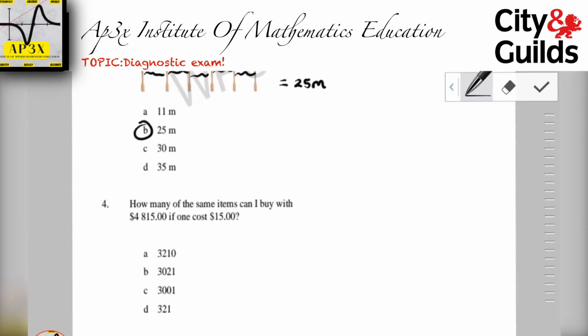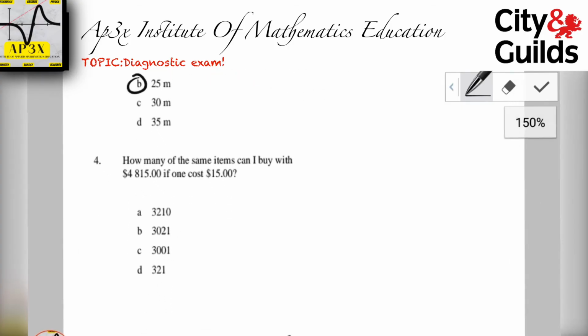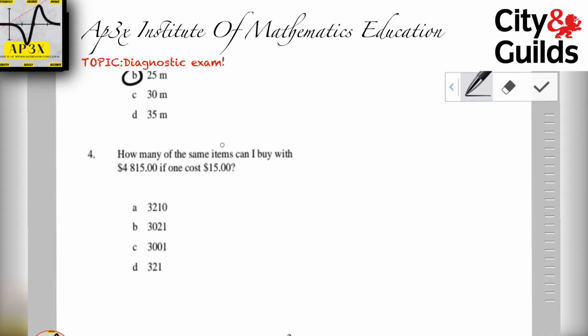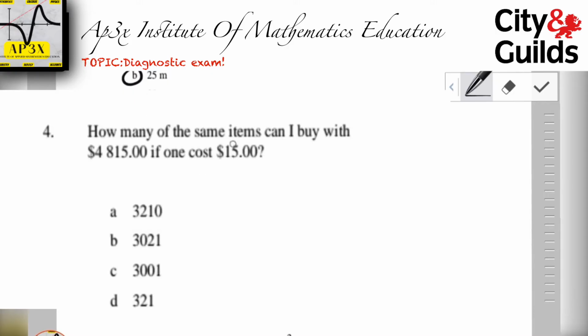Our answer is B. Now, how many of the same items can I buy with $4,815 if one of the item cost 15? So if one costs $15, okay? So for this question then, pretty much this is a very basic division question.